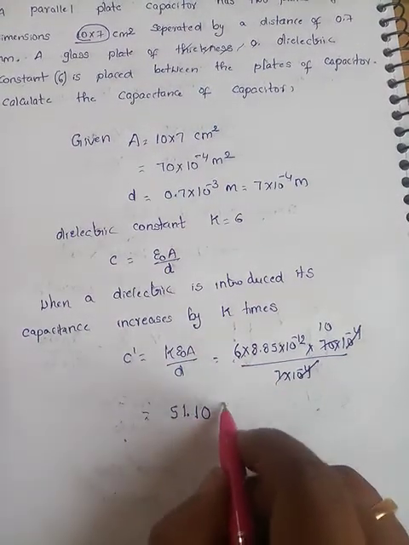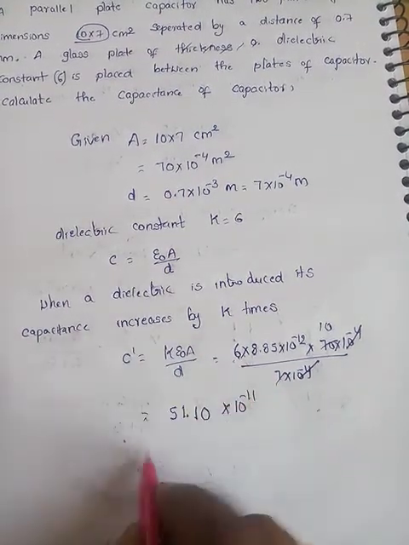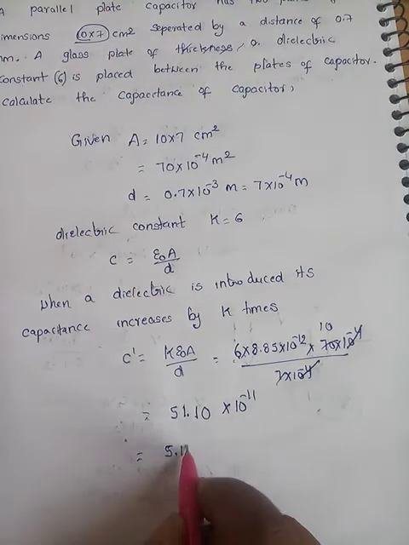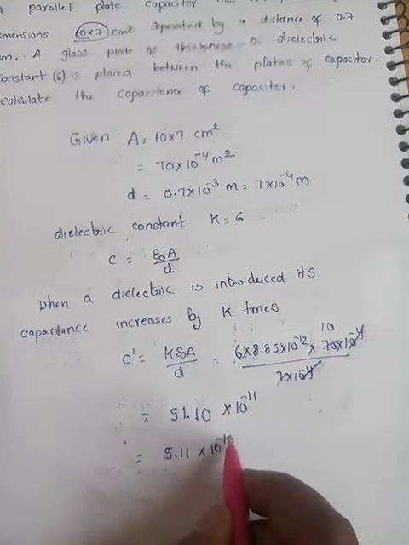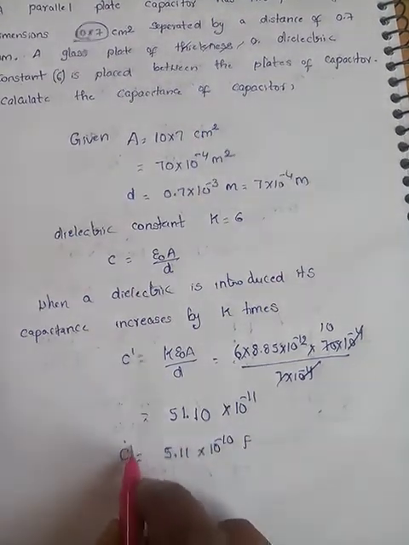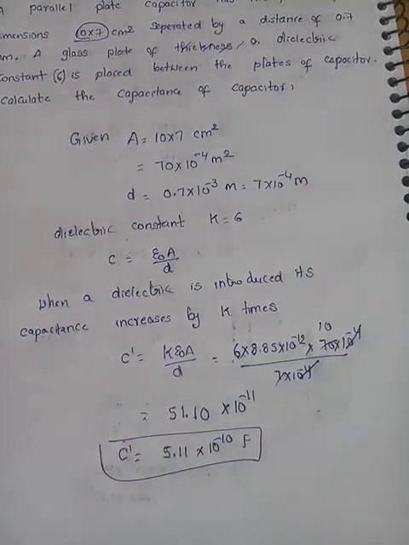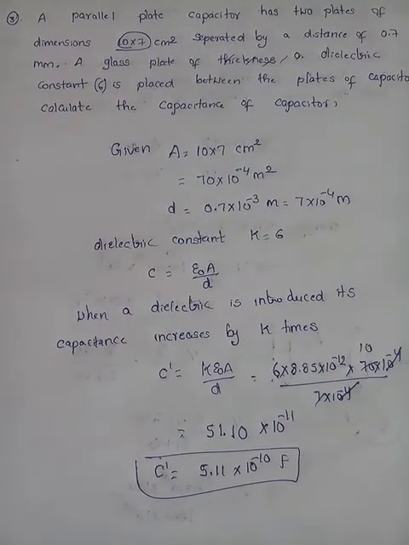So 51.1 into 10 raised to minus 11, or 5.11 into 10 raised to minus 10 farads. So this is the capacitance of a capacitor when we introduce a dielectric slab between the plates of the capacitor.